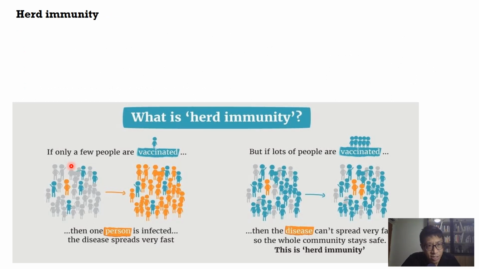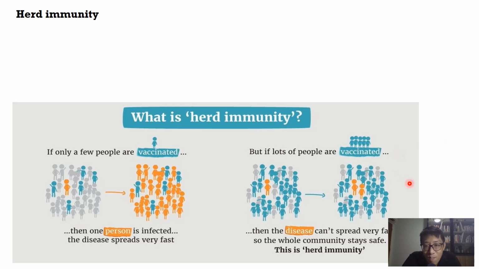All right, then next up, we will look at what is known as herd immunity, right? So you can see from this diagram, herd immunity is when a lot of people in the community, in the population, are immune, either by vaccination or by infection. But of course, ideally, it would be by vaccination, so less people get sick, right?